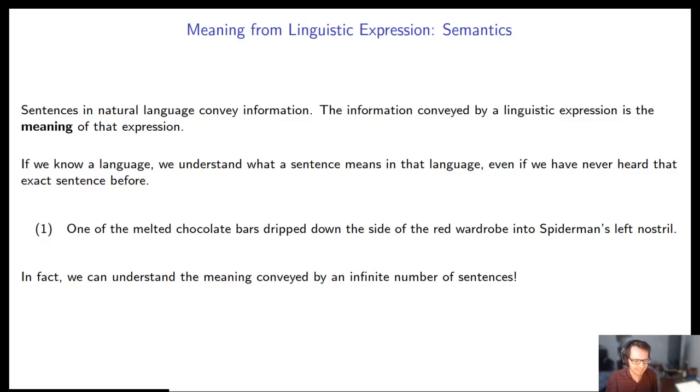We're just going to say that sentences convey linguistic expressions, and the information in those linguistic expressions is meaning. So meaning is just information in linguistic expressions. Okay, so that's very, very simple. It doesn't really explain what meaning is that well, but that's okay. That's just our assumption. Take a philosophy of language course if you want to go deeper into that.